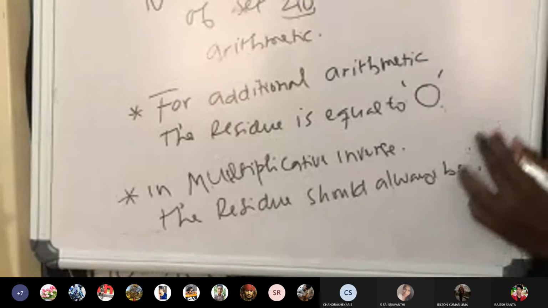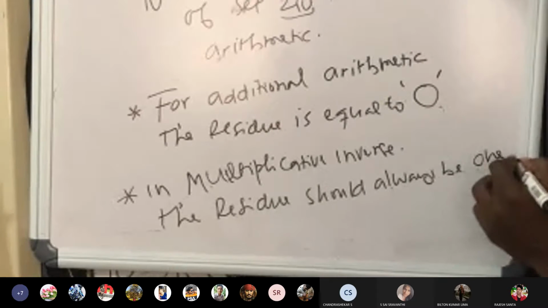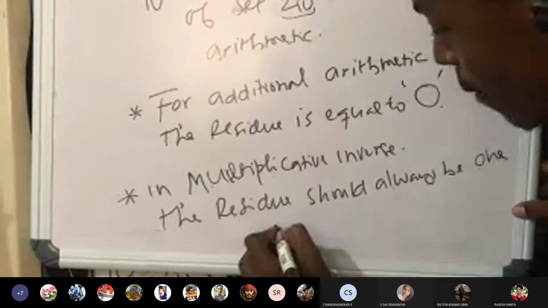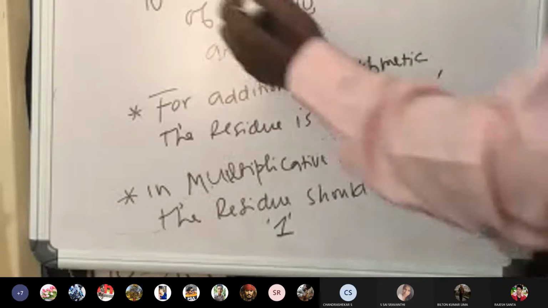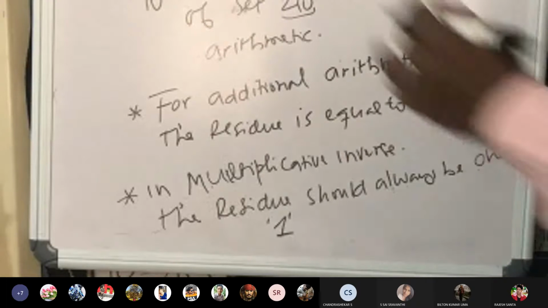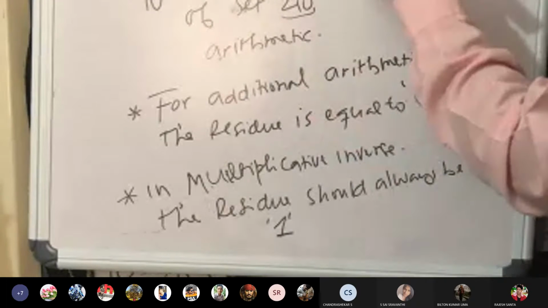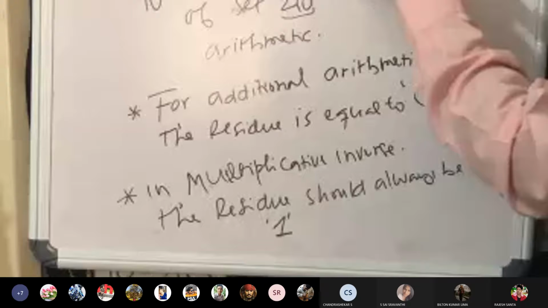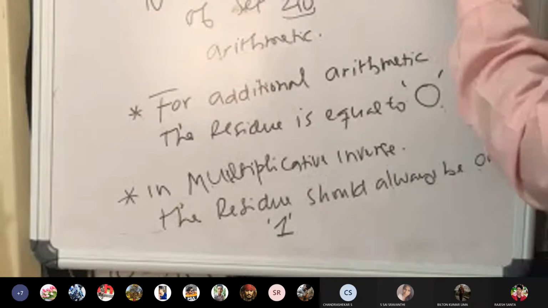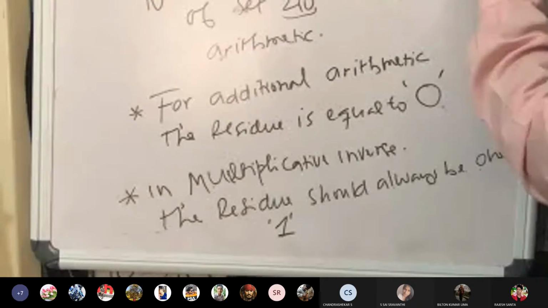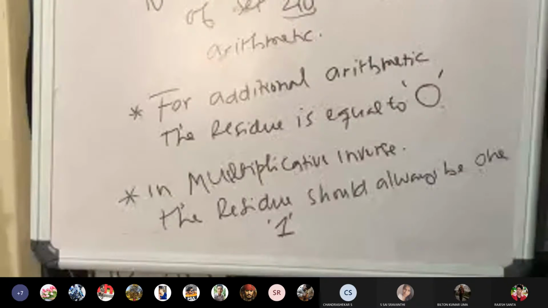Let me write it in letters, 1. 1 means we have to have only 1 as a residue. Is it clear? We have two things, as you see. We have a multiplicative inverse and the so-called additive inverse. Very important topics to understand, and you have to be very wakeful and thoughtful.